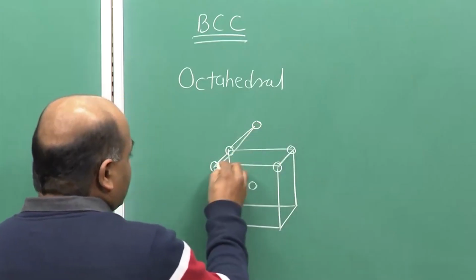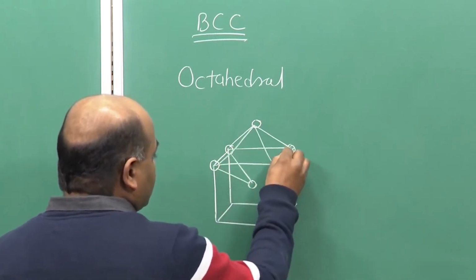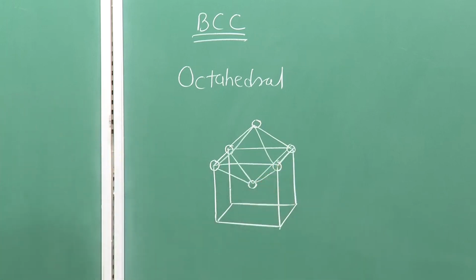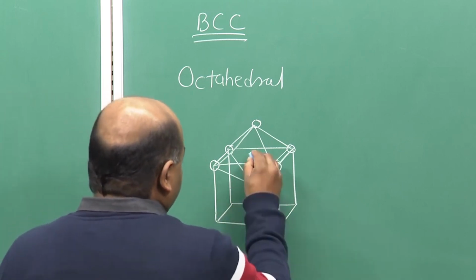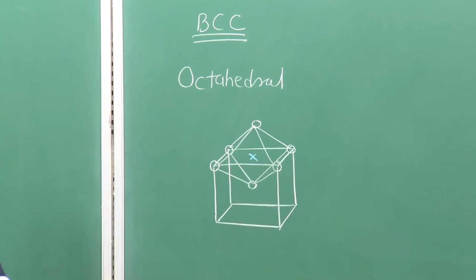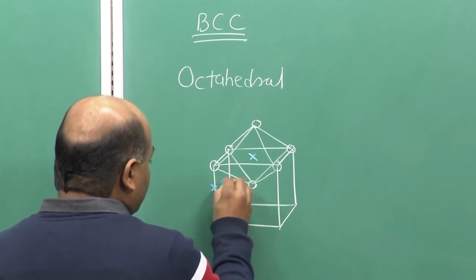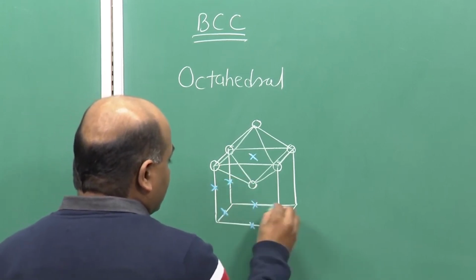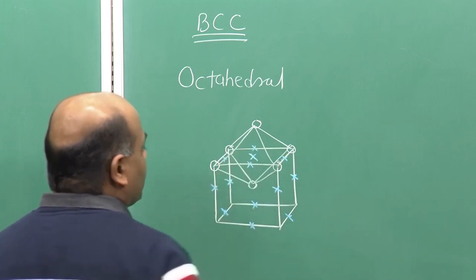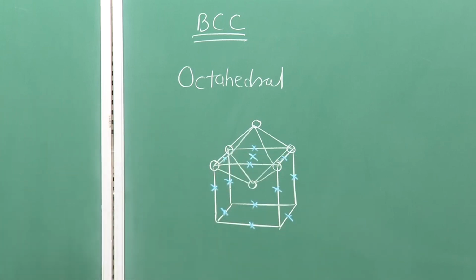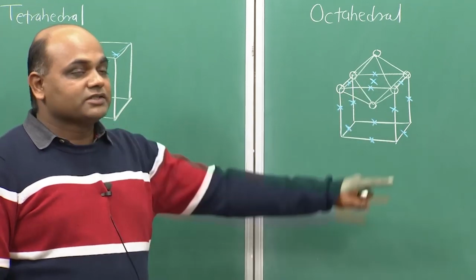If you join this, you can form an octahedron, and the center of this octahedron lies exactly at the center of the face. Similarly, there will be other octahedral positions at the center of the edges. So, the octahedral sites in BCC are on the centers of the faces and centers of the edges.